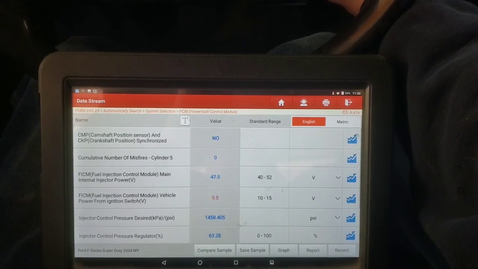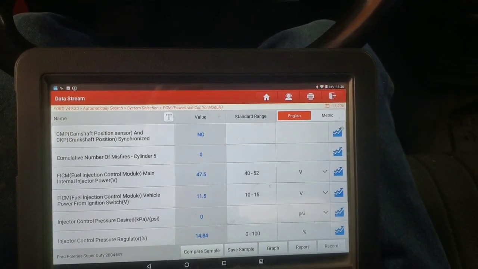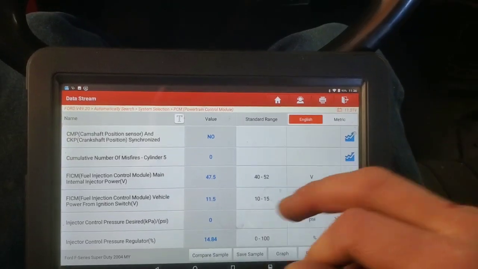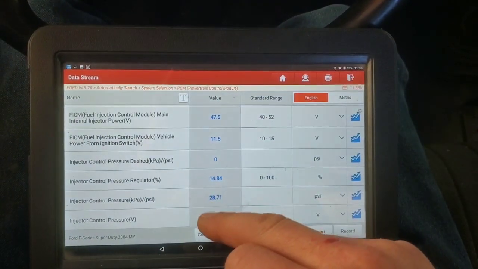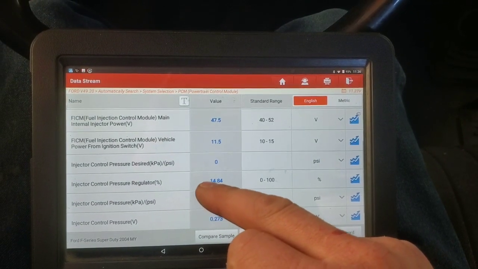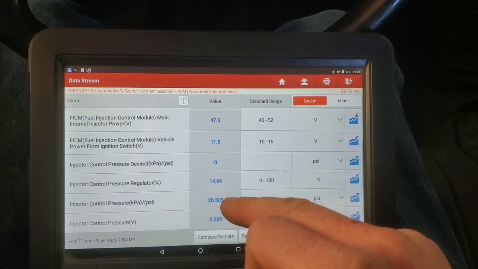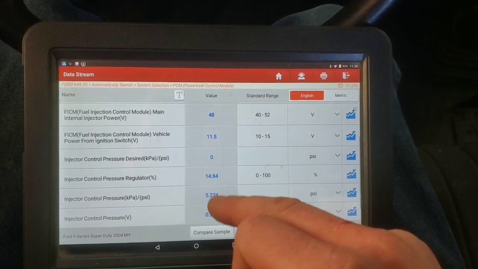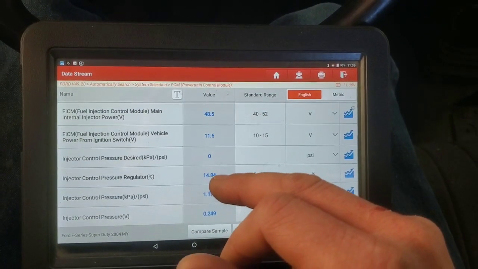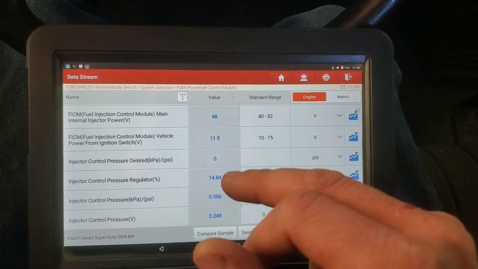Okay, what we did see is the injector control pressure regulator was at, we didn't get to see this PSI. We'll try it again here in a second, because I couldn't see that PID, but I could see that the IPR percentage was about 55%.